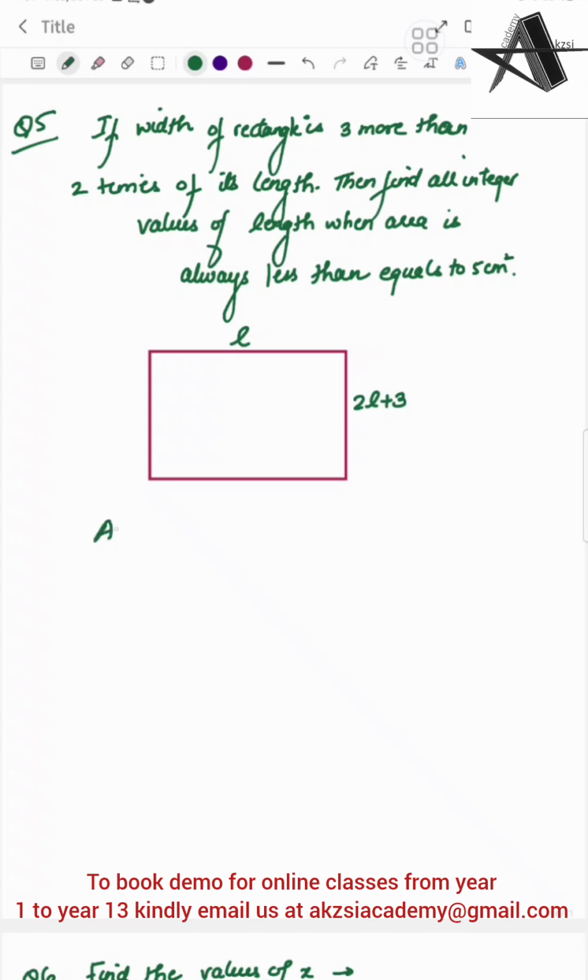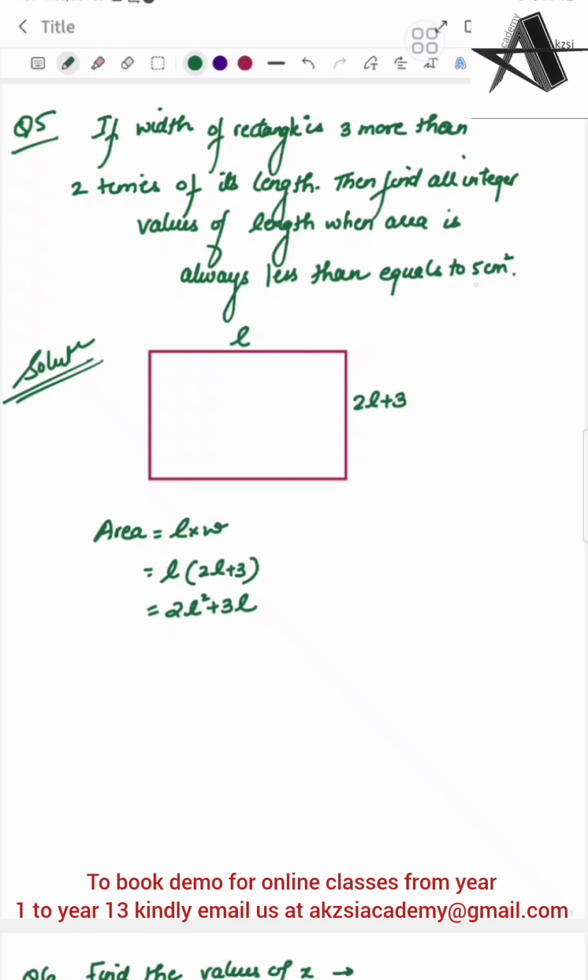We know that the area of a rectangle is length times width. Length is L and width is 2L plus 3, which can be simplified as 2L squared plus 3L. 2L squared plus 3L is the area.